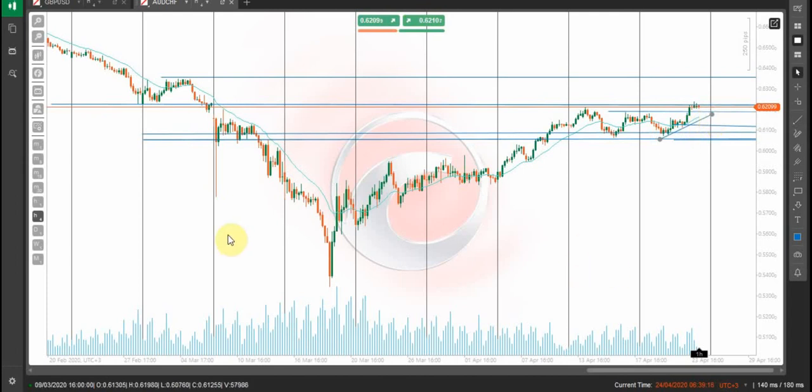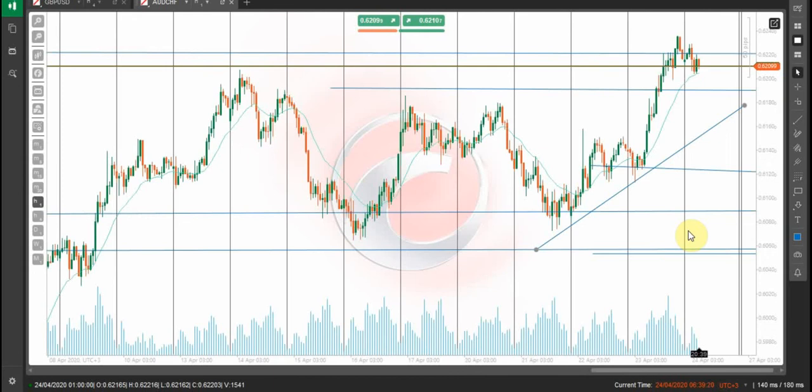If I check it in the 1-hour time frame, let's see, it was respected, and this area is a minor resistance. I'm going to erase this one so as not to confuse you. In the 1-hour time frame, it was a minor resistance, and now it becomes a support.